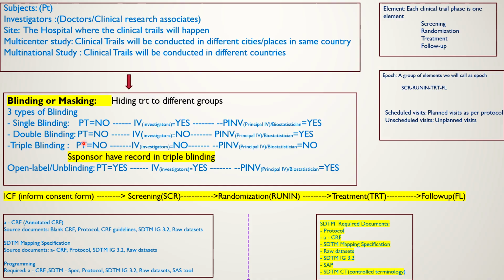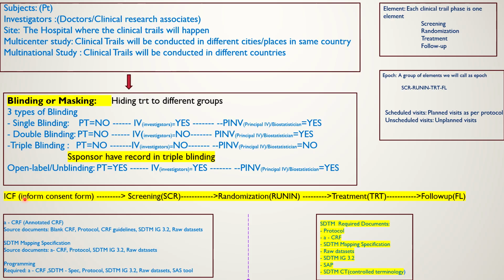Double blinding is where the patient and investigator don't know, while the remaining people know. Triple blinding is where the patient, investigator, and principal don't know, and only the sponsor knows about the study. That we call triple blinding.